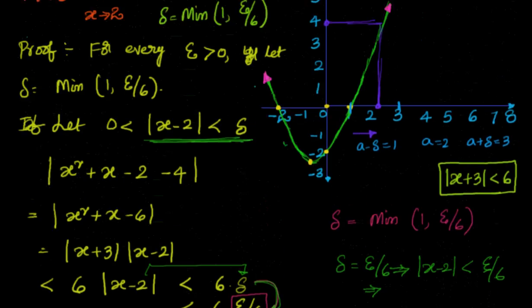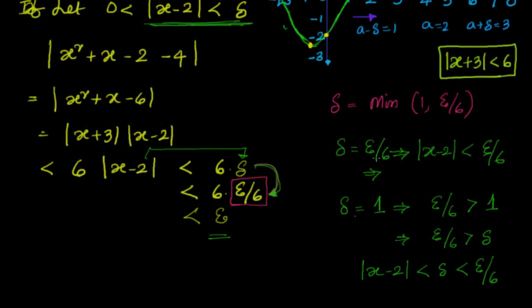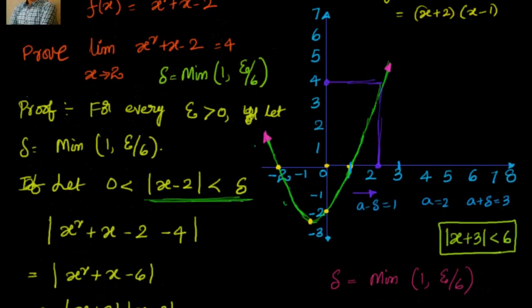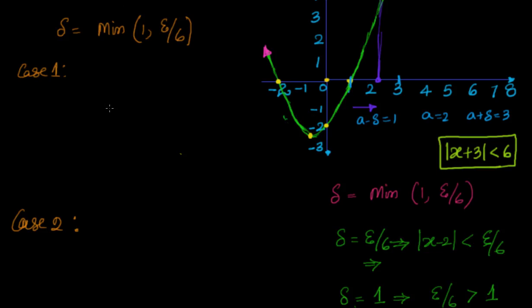Now we will take some values for both the conditions we are discussing, where delta is epsilon by 6 or delta equals 1. Let us check whether the proof holds. We will put in some values for epsilon and delta and see whether this is okay. Let us consider two cases.